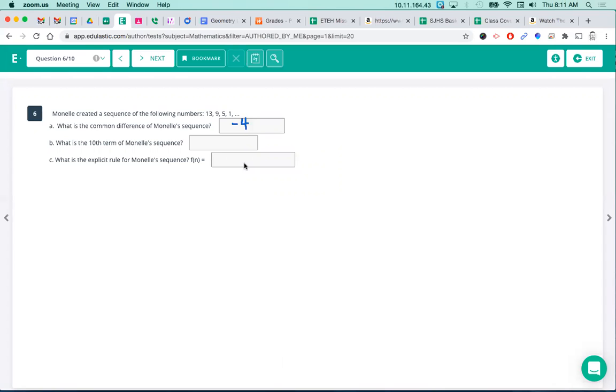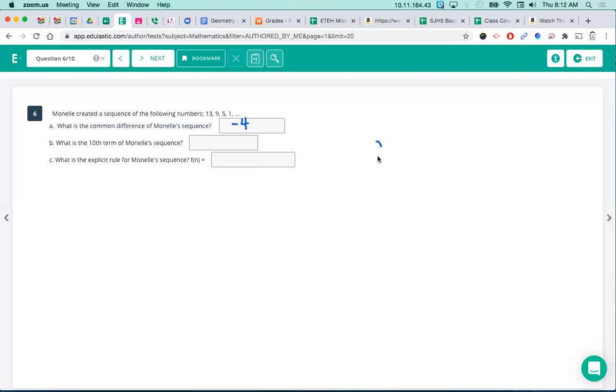All right, now actually part C would help us out a lot in order to determine B, because that's our explicit rule, which means that you could plug in your nth term value in there, and it would give you what the nth term is. So I'm going to go ahead and work on C, and then I'll go back and figure out what B is.